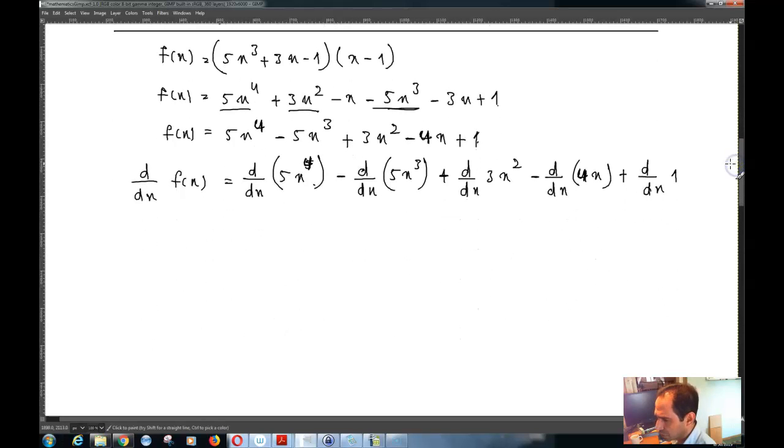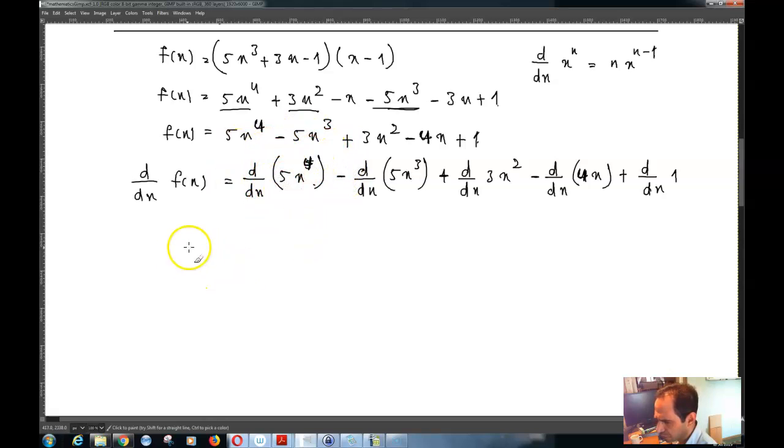And of course we said that d by dx of x raised to the power n is equal to n times x raised to the power n minus 1. Let's work out some routine for these kinds of functions.